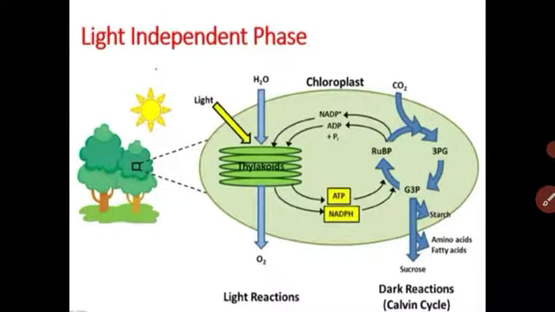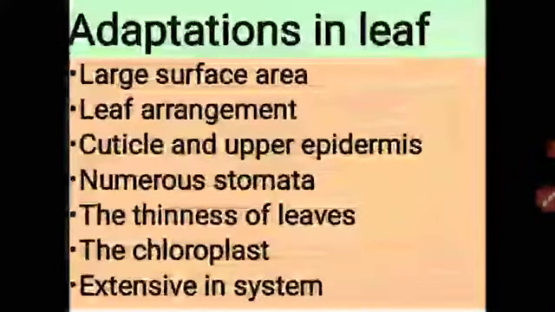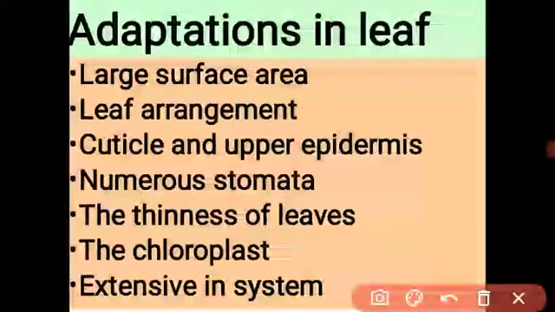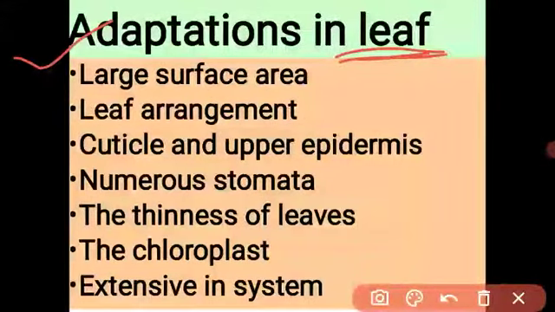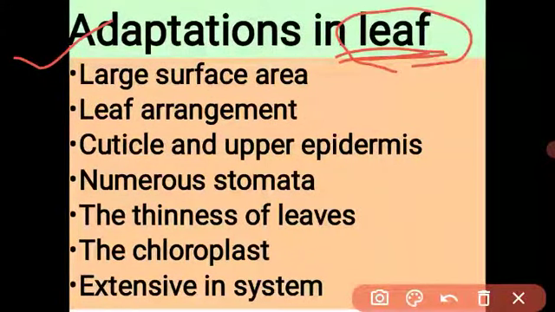Understood, student? Next point, the adaptation of the leaf. You know that the leaf is the food factory of the plant. Means the food that is made in the plant, where is it made? In the leaf. So in nature a large amount of photosynthesis is carried out, so some adaptations occur in different plants. Let us see.